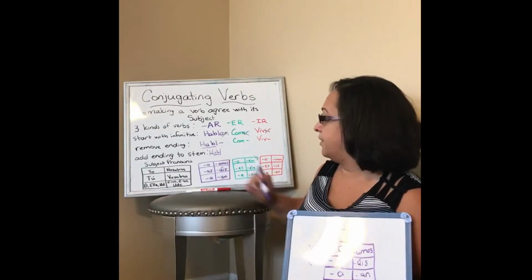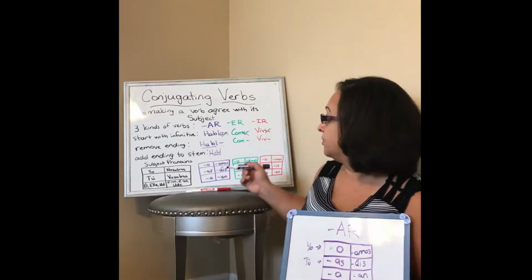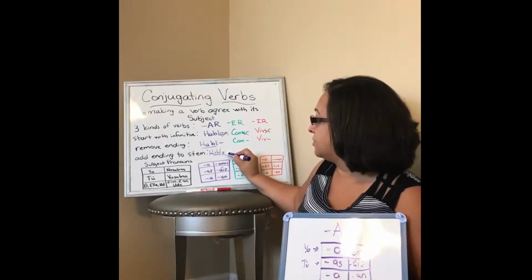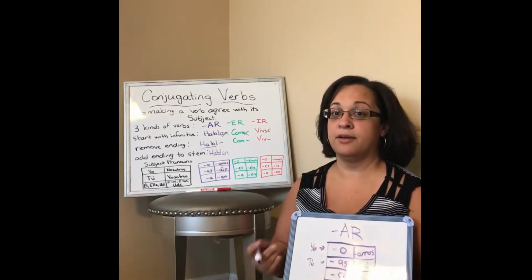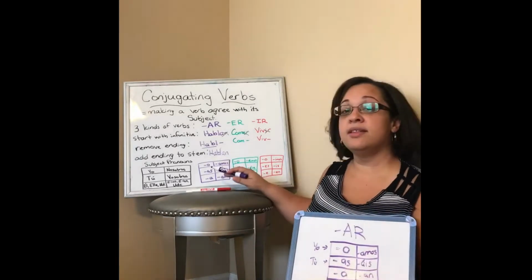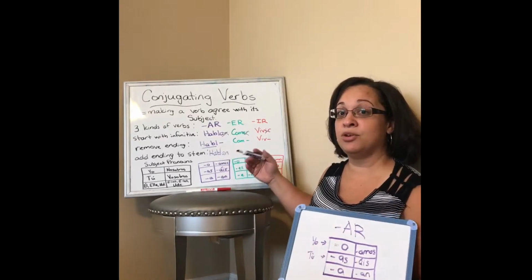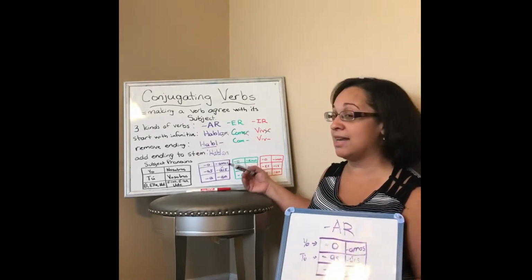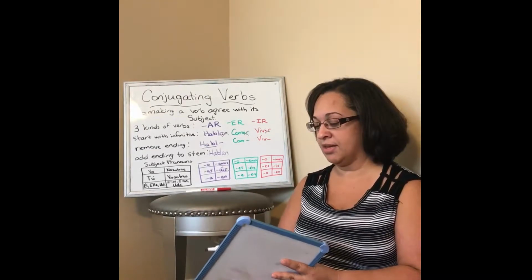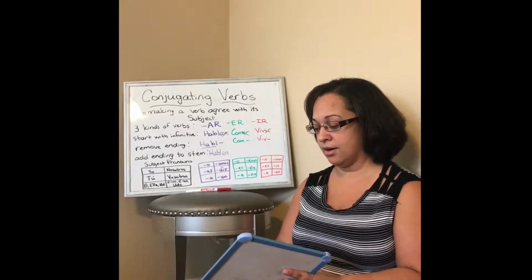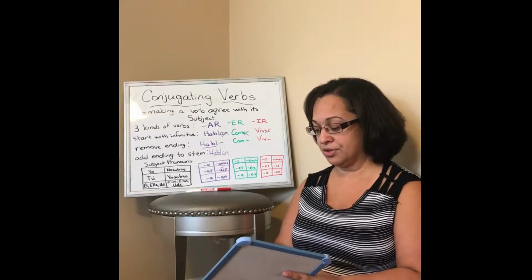And then we have they speak, which is ellos, ellas, ustedes hablan. Okay? So again, the only thing that we did to change, depending on who we're talking about, is changing that ending.